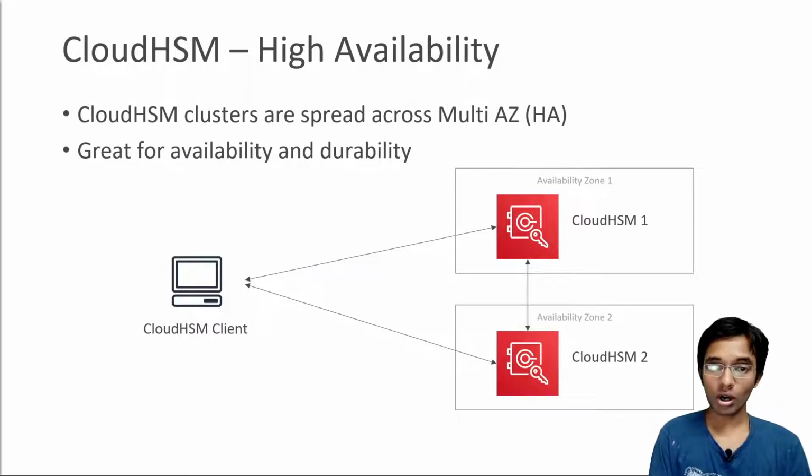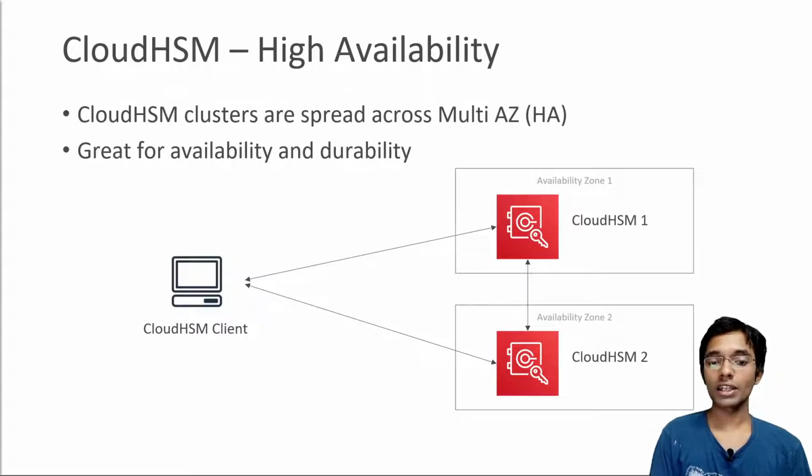Another very important thing is to set up Cloud HSM with high availability. For this, you need to create a Cloud HSM cluster that will be spread across multiple availability zones. It enhances the availability, but also the durability of your data. So we have this very classic architecture where we have two availability zones, two Cloud HSM devices paired up in a cluster, and your Cloud HSM client.